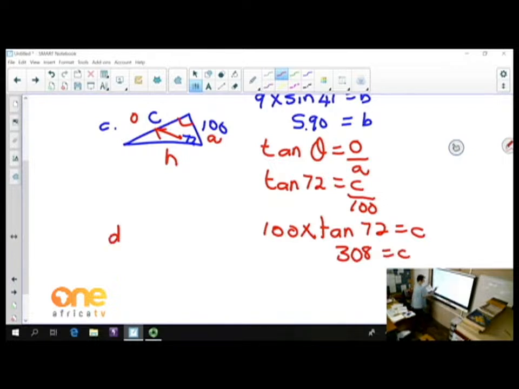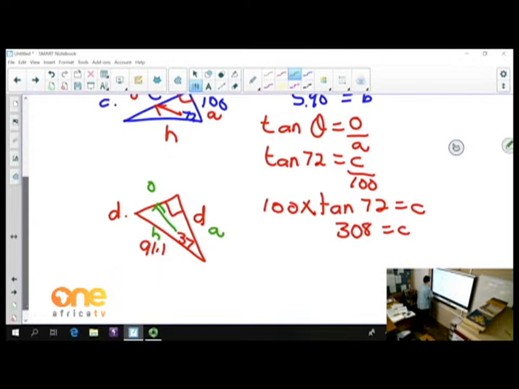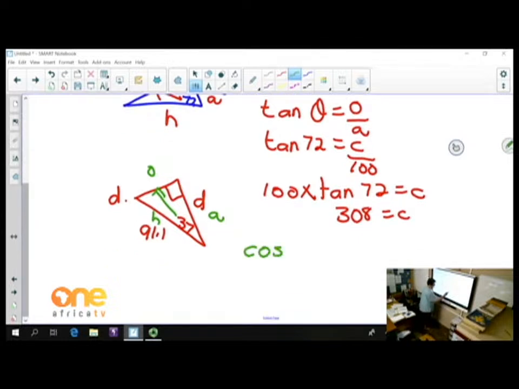Number D. Now the picture looks like this. There's my 90 degrees. This is D, 37, 91.1. Right, which function will we use here? This is the hypotenuse, this one is opposite, this one is adjacent. So which function? Cosine. It's the included angle, cosine. So I'm going to start off with cosine theta, which is adjacent over hypotenuse. Substitute.